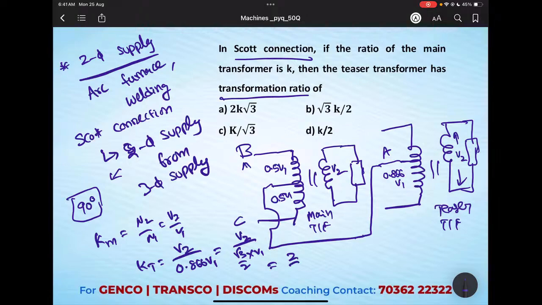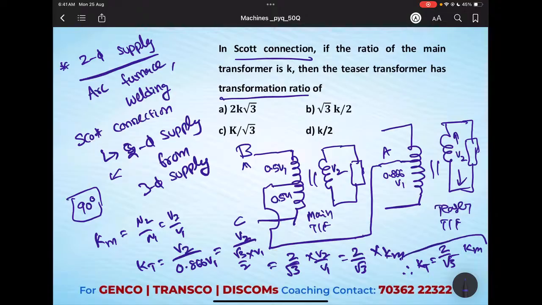It will be 2 by root 3 into V2 by V1. You can write as 2 by root 3 into Km, where Km is the transformation ratio of main tank. Therefore, TZ transformer KT is equal to 2 by root 3 into K, as the transformation ratio of main tank is given as K. Okay, the suitable option is A.